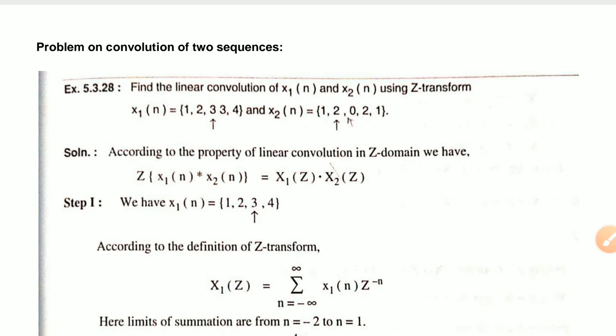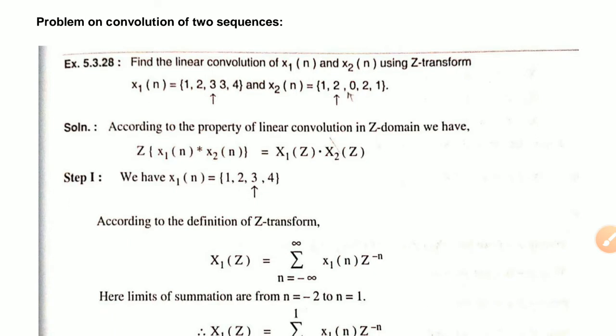So let's start. The given question is: find the linear convolution of x1 of n and x2 of n using Z transform. Basically we have to find the convolution of two sequences, and these two sequences are given. x1 of n is given by, in curly brackets, 1 2 3 3 4, and the next sequence x2 of n is given by 1 2 0 2 1.